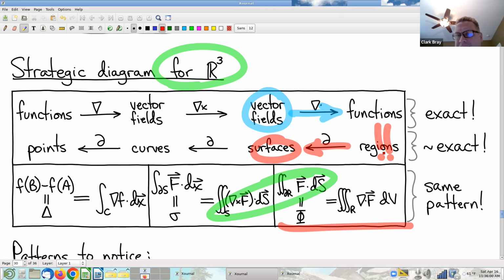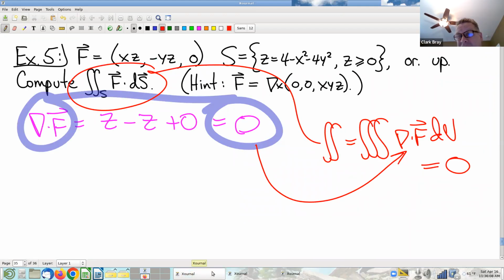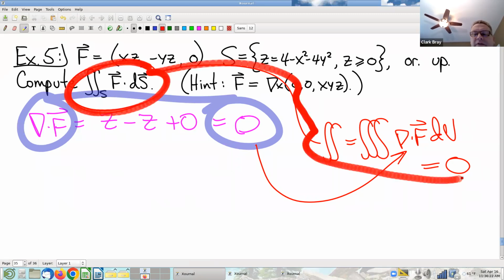There has to be a solid whose boundary is your surface. Is that the case here? Well, for one thing, it's not. For another thing, the student did not address it, right?